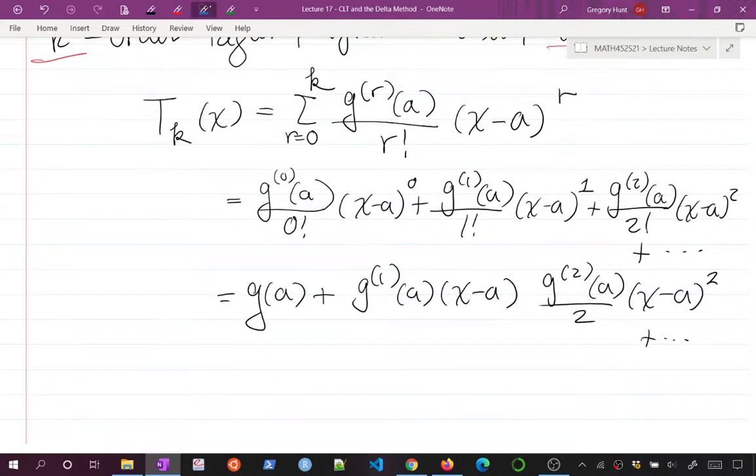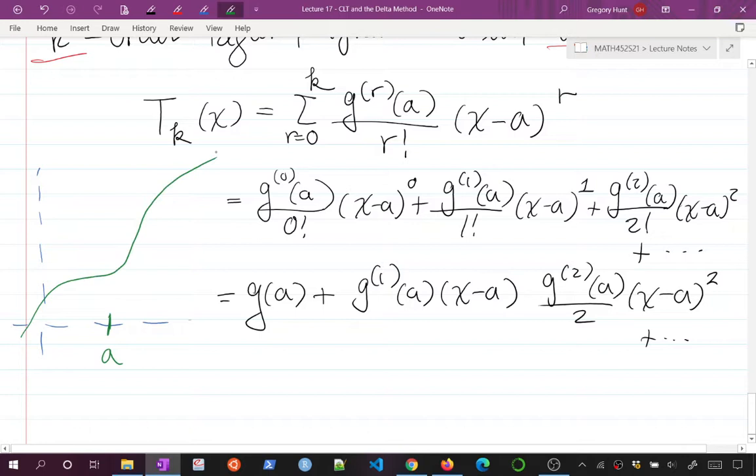So this Taylor polynomial is basically a good approximation of our function. So let's say I have some axes, and I have my point a here, and I have some function like that, and this is my function g, and this g can be any kind of nice k times differentiable function. Turns out, my Taylor polynomial might look something like that.